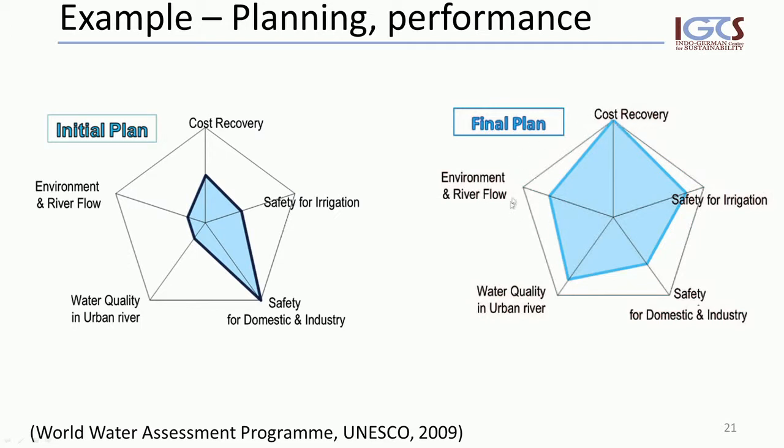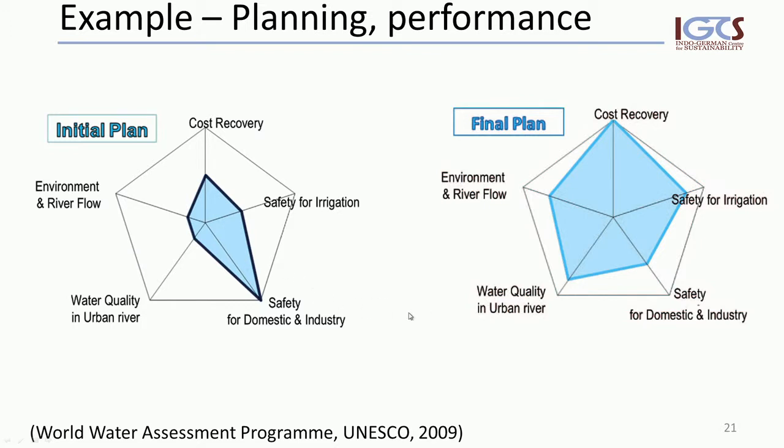And major improvements were achieved also with regard to the ecosystem services, with regard to environmental and river flows. So this is a very good way of representing and transmitting the results, the successes from such interventions, from the implementation of these sustainability measures.